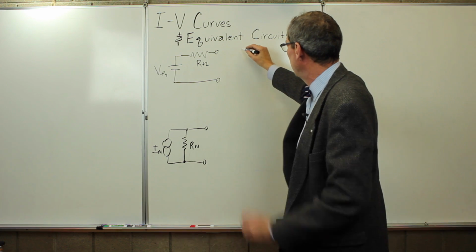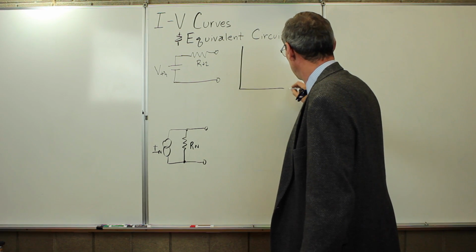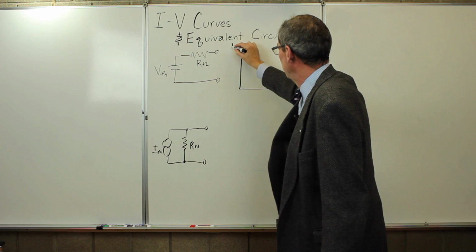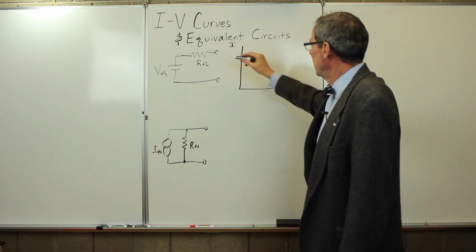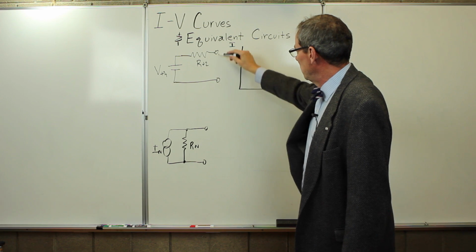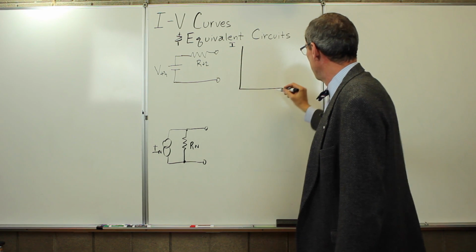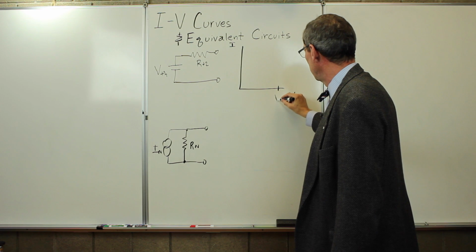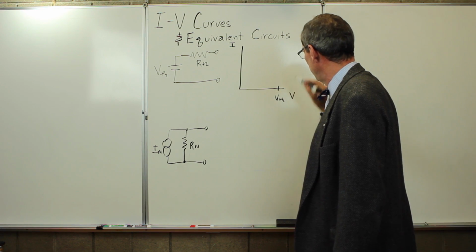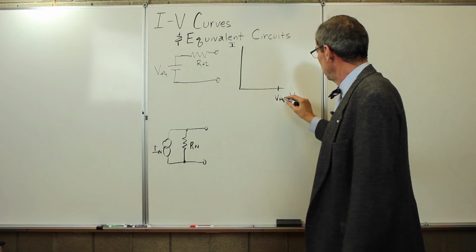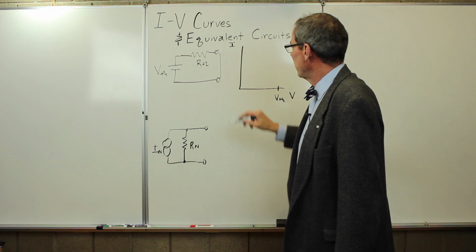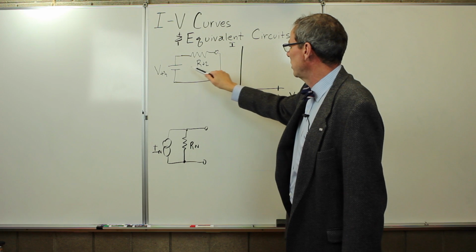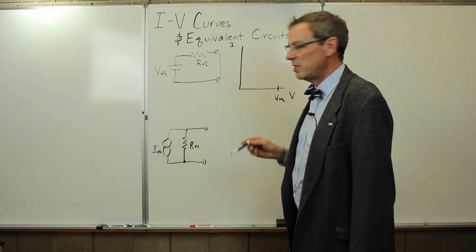Let's now talk about the IV curves a little bit here. So here is I and V. We can start by doing the same thing we did last time. We can not connect anything here, and then there's going to be no current, but we're going to get V Thevenin. And we can short circuit it. We can connect these together, and then the current that's going to flow is going to be this voltage divided by that resistance.